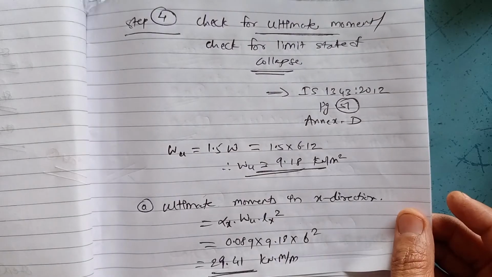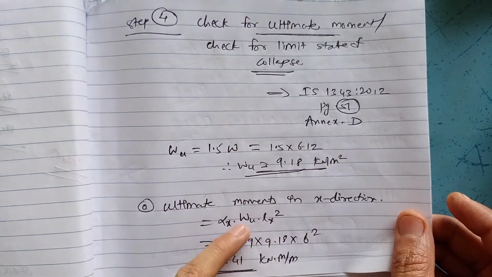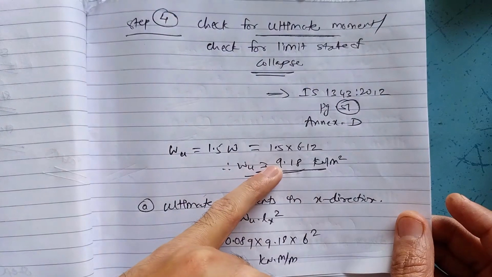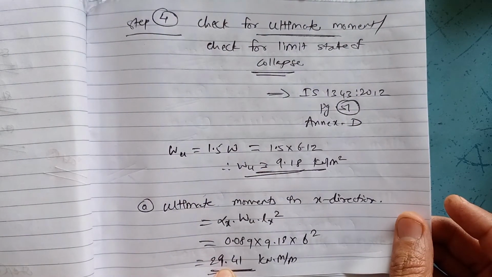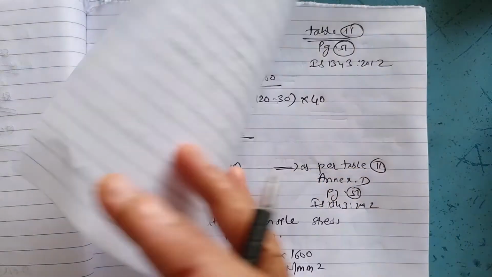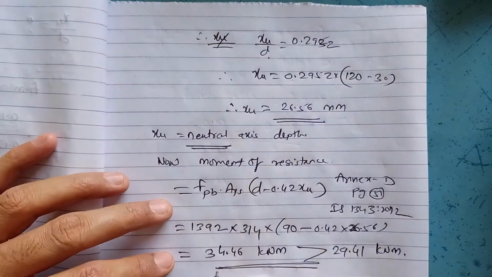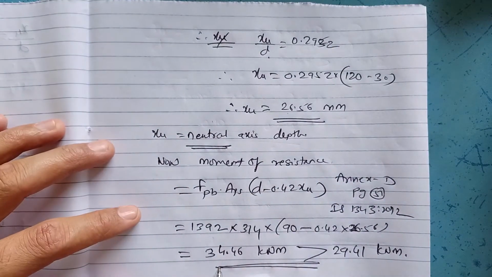Have a look. Initially, due to ultimate load W as 9.18 kilonewton per meter square, we have calculated ultimate moment in x direction as 29.41 kilonewton meter, whereas moment resisting capacity of this beam is 34.46 kilonewton meter.